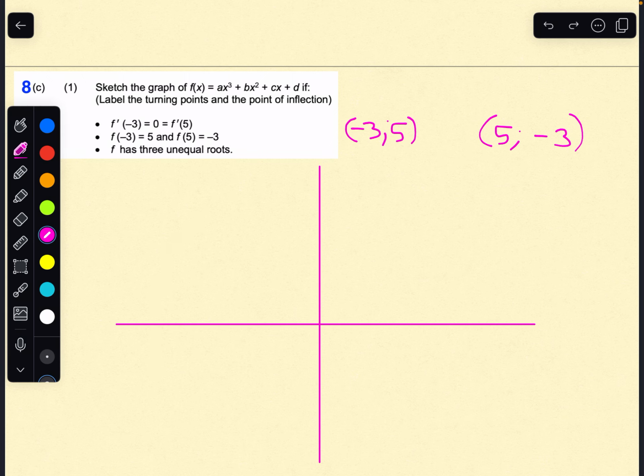as opposed to something where we have one turning point and then a parabola, where did you come from? As opposed to having something like this where your stationary point actually turns out to be a point of inflection.